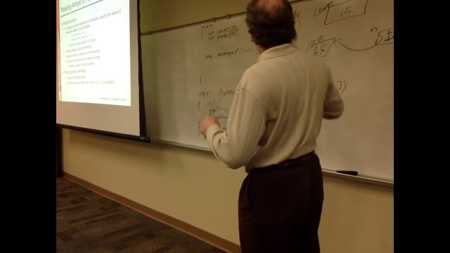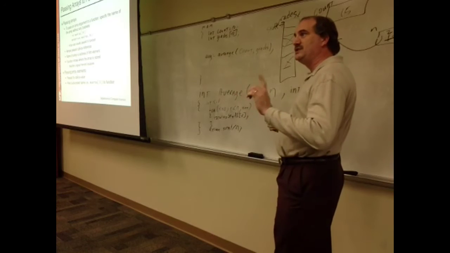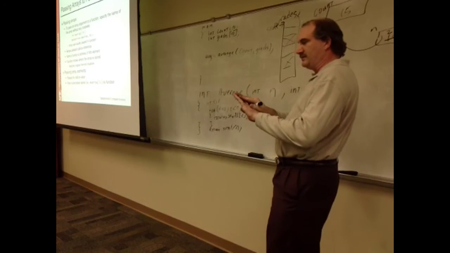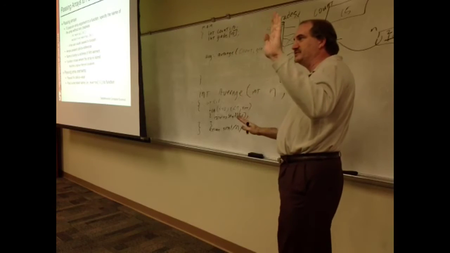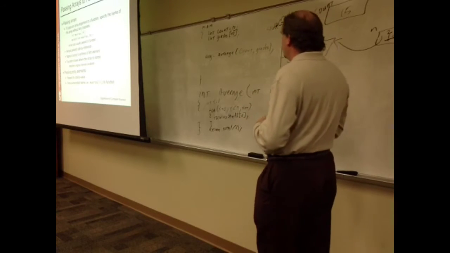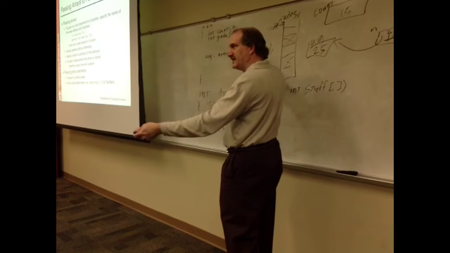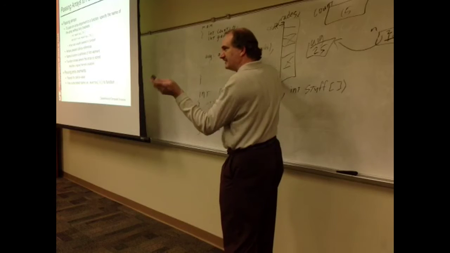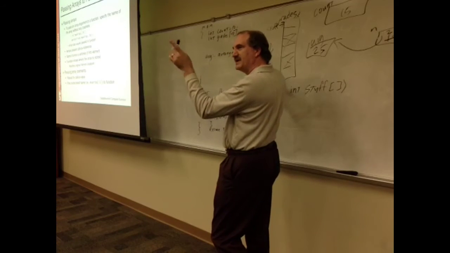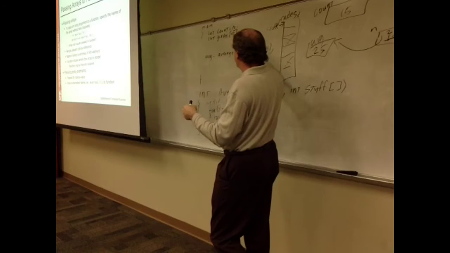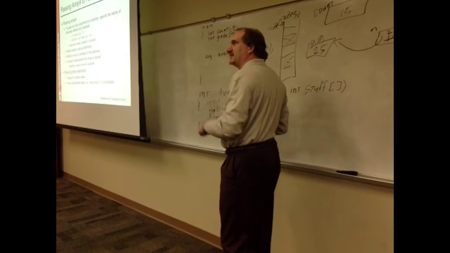Now, if for some reason you need to make a copy here and play with it, but you don't want to mess up your original, you want to, before coming down, create a new array, copy the elements with a little for statement, a while loop, something, a for would work best. Copy it over, then pass that one in. So he could play with it without messing up your original.